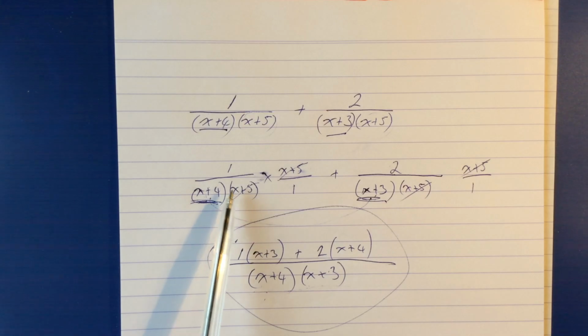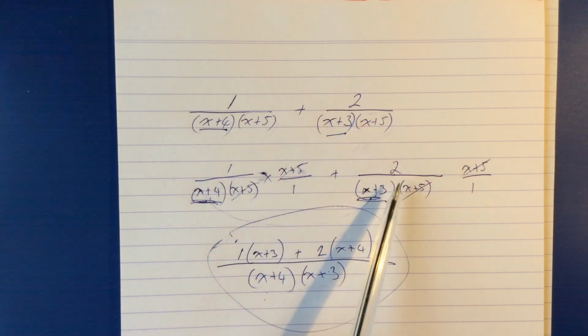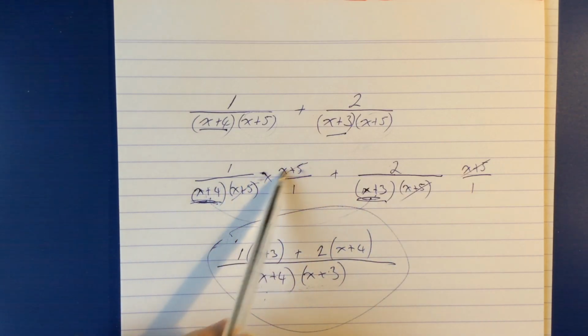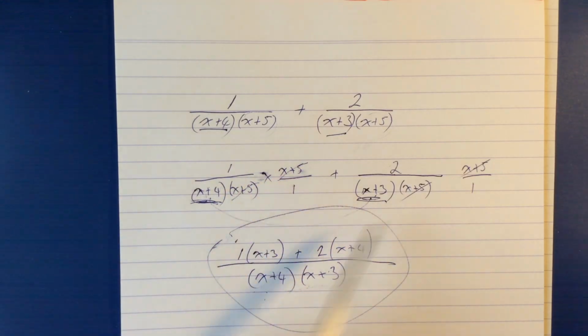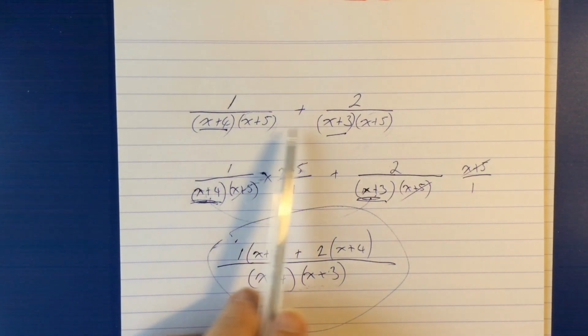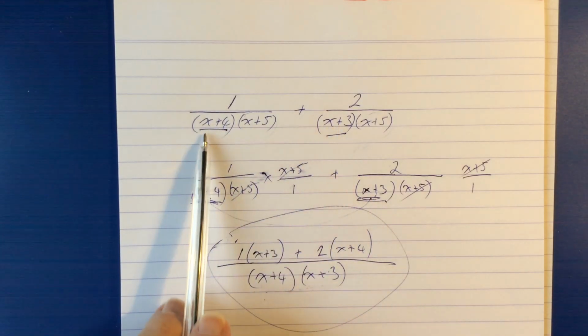And I can do so by multiplying each one of these expressions by x plus 5 on 1. And effectively, these disappear. They're cancelled. And we are left with x plus 4 and x plus 3, the unique factors of each.